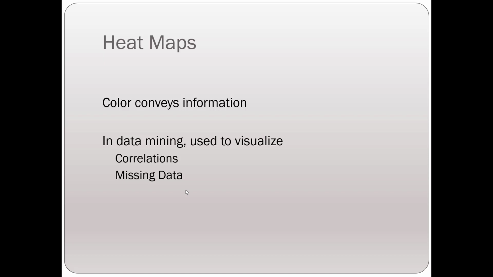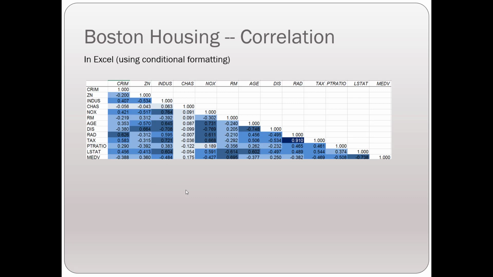Now, heat map is a methodology that we can use when you have correlation. The correlation can be represented as a heat map, or missing values can also be represented with heat maps. So here we will generate this in Excel.